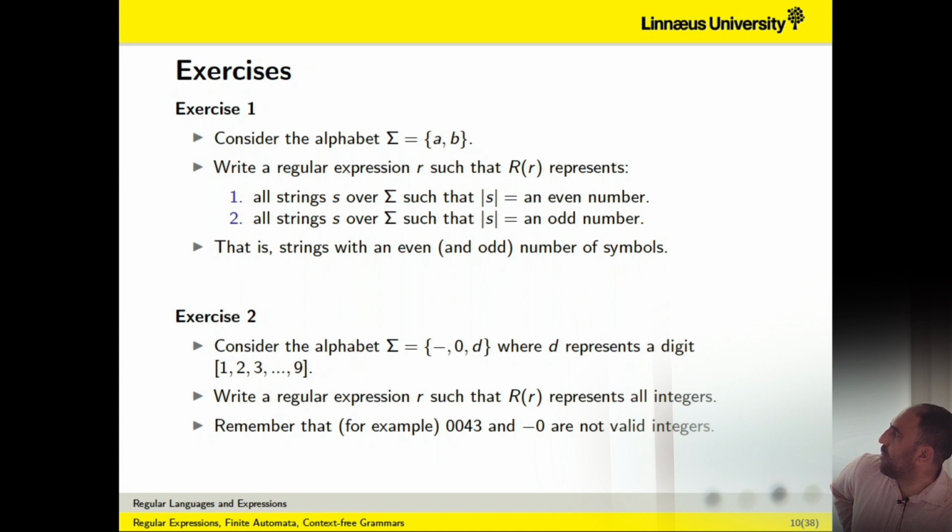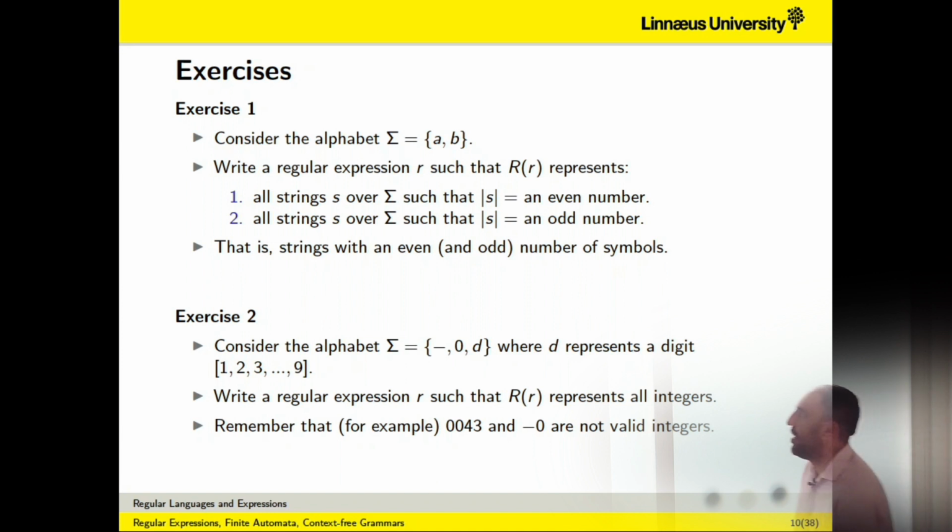And I would like you to define a language. In the first language, the strings, or the words, must have an even length. So it cannot contain strings of odd length.